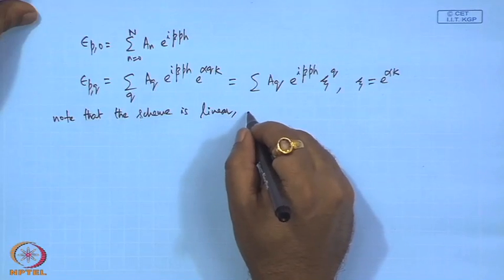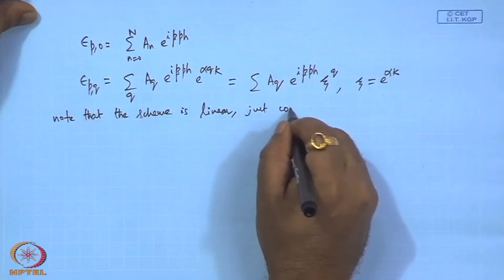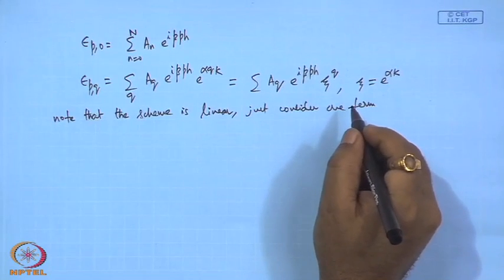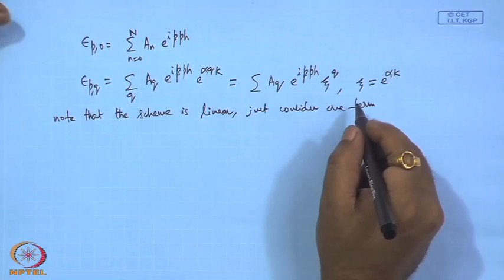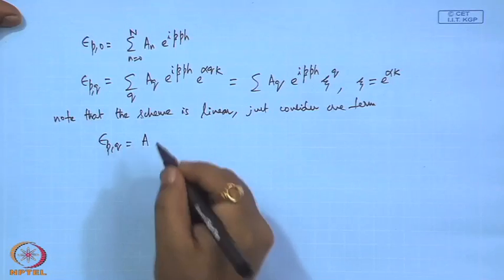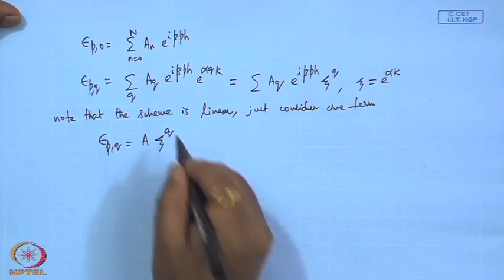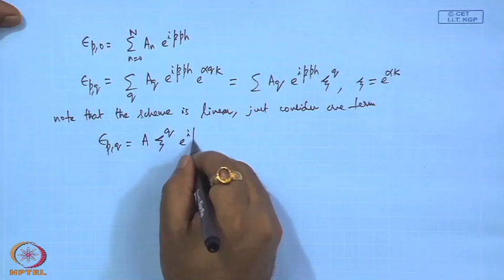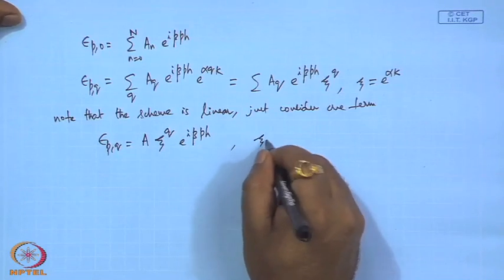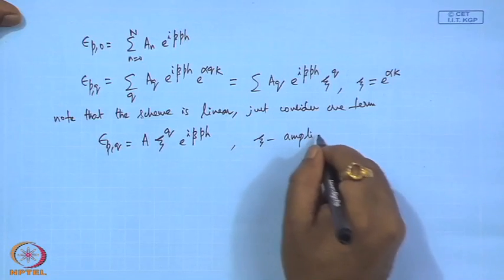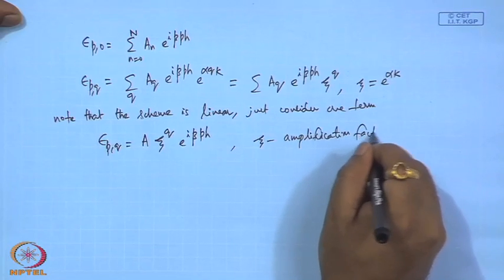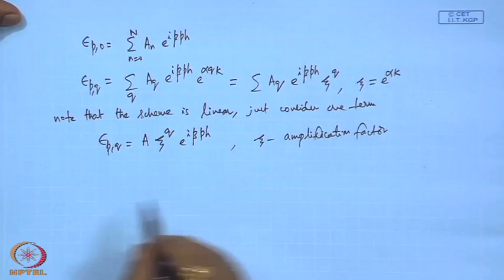So, we just consider one term, as follows, with a constant, and we call zeta the amplification factor.